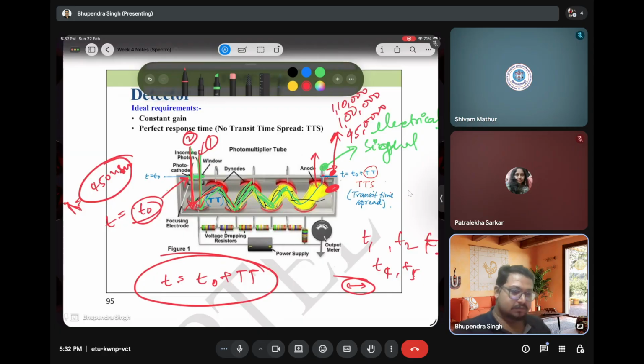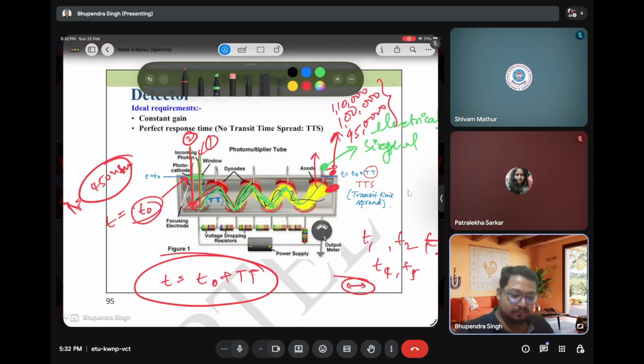Something like this. So there is no perfect, constant gain. The gain is different, so of course this cannot be possible. There is no ideal detector in this world.